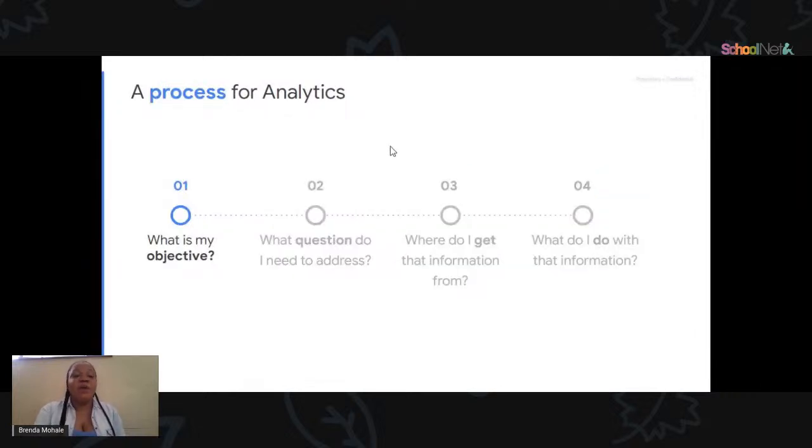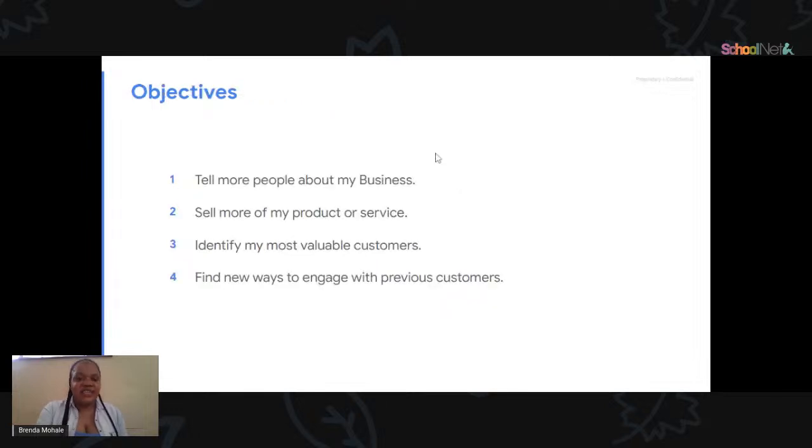So now let's talk about what is my objective. When you start to run a business, you need to have an objective. That is why you started a business in the first place. I'll be talking about 4 objectives. One of those objectives is to tell more people about my business.